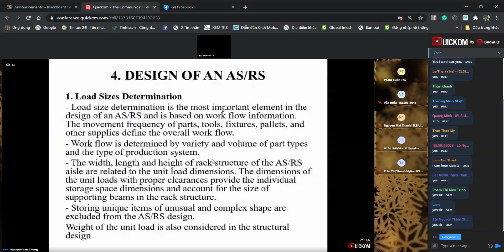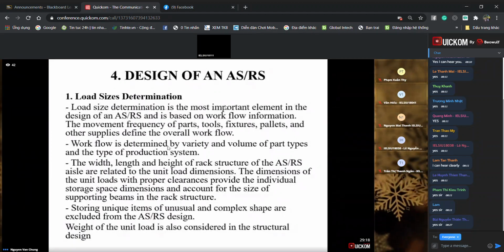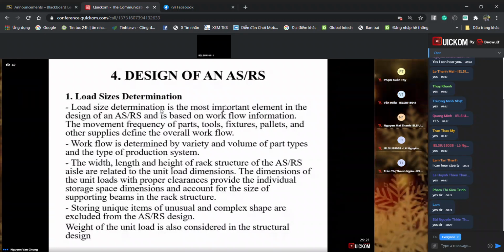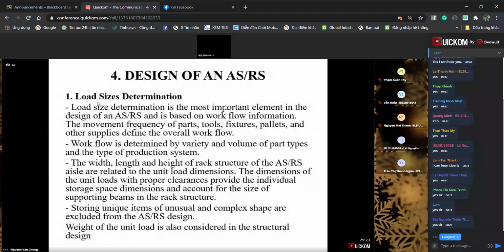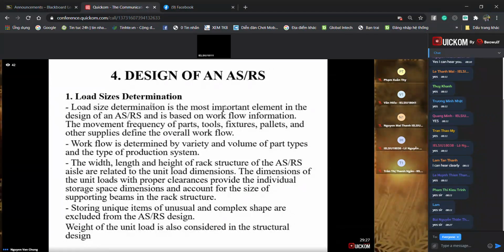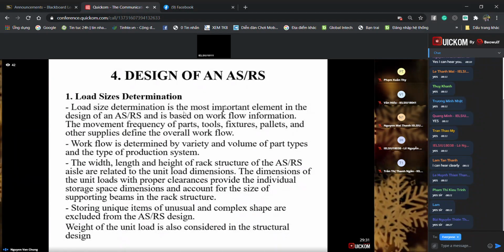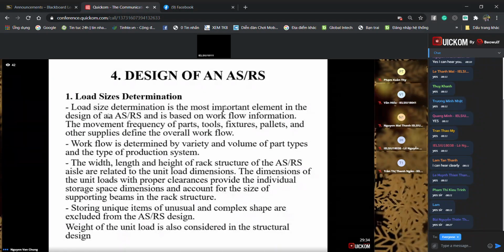Okay, so now this is the first, because this is the theory, a lot of unit load size determination. So like that, this determines the unit load size. Okay, this is important. Here, the workflow information, the movements, frequencies, the balance of supply, define the overall workflow.